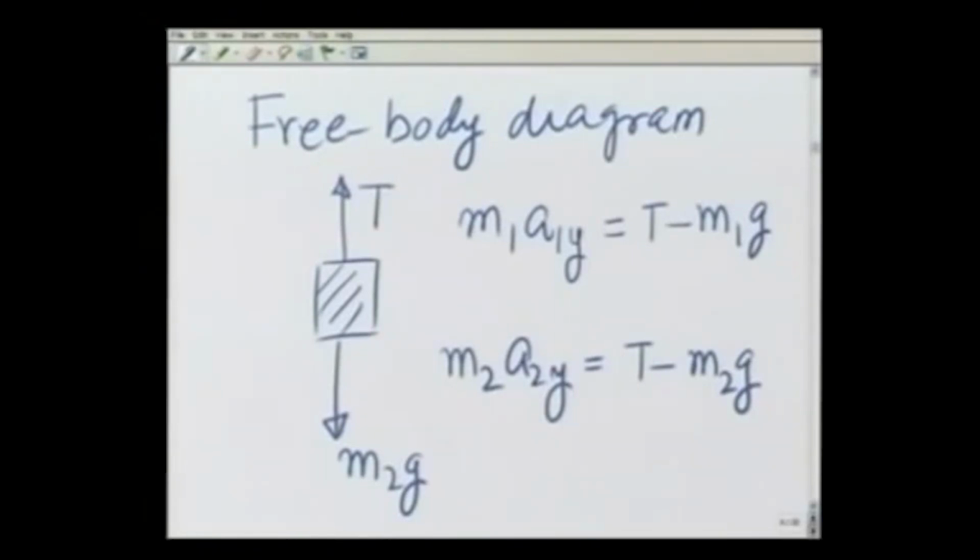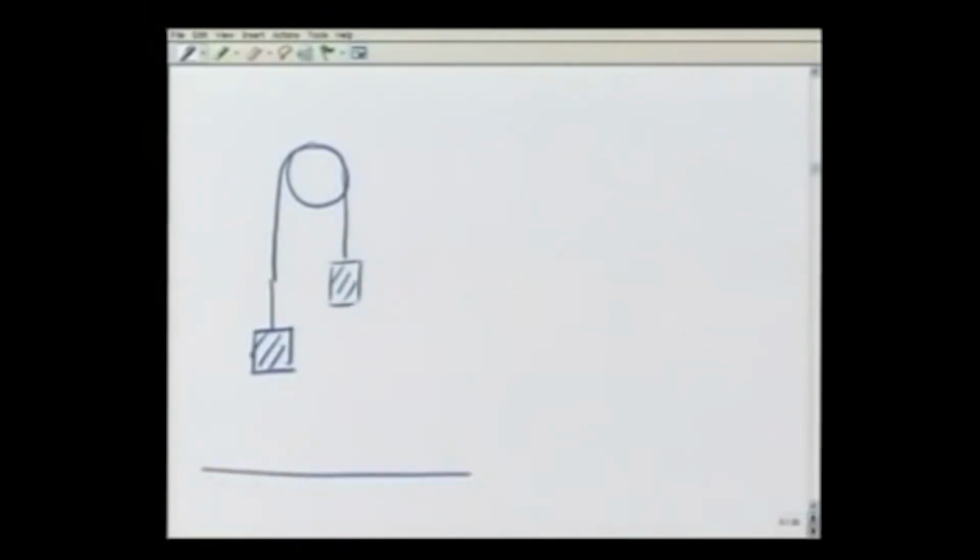You may ask, I am writing a1y, a2y, which way is my y, and things like those. So let us be more precise. Let me measure my distances from the ground and be more precise, because that will also help me later to write my constraint equation. Let this be the ground.